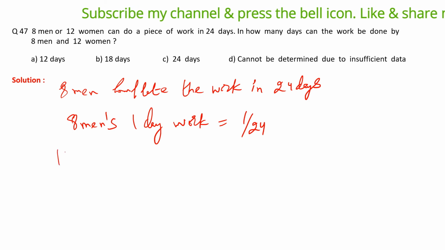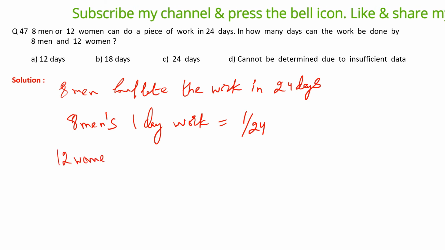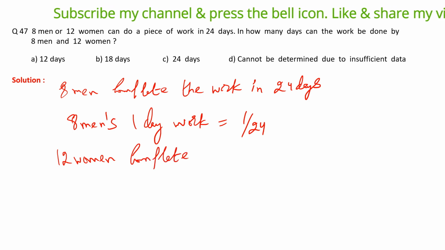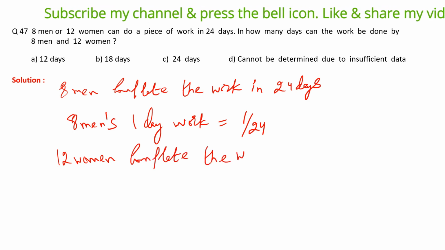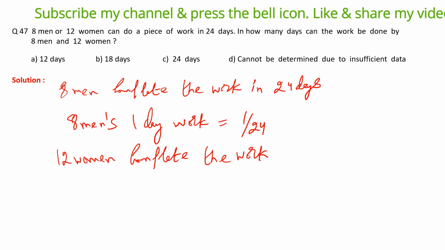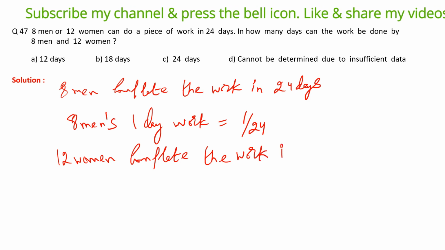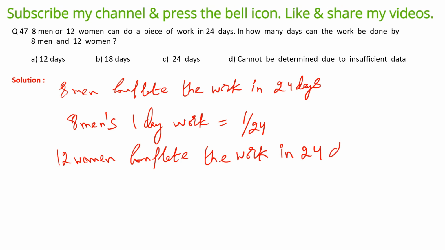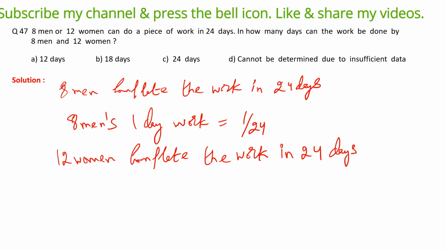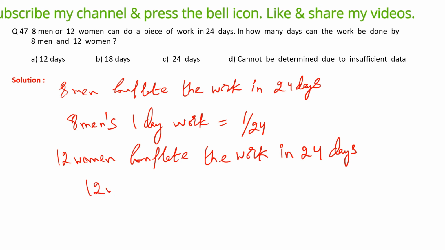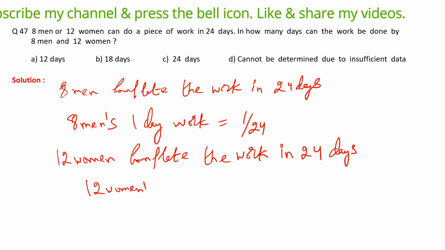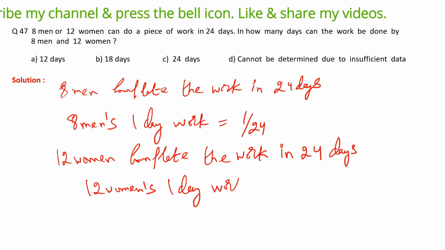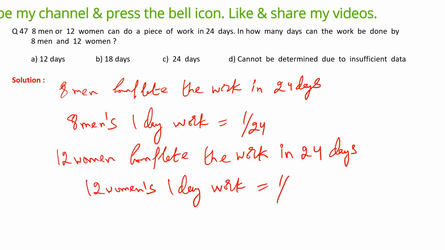Similarly, we are given that 12 women complete the work in 24 days because it was written like 8 men or 12 women. Fine. So if 12 women do this work, they will be completing it in 24 days. So that means 12 women's 1 day work will also be 1 upon 24.